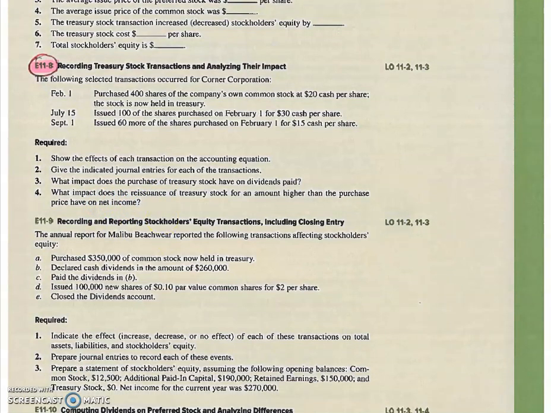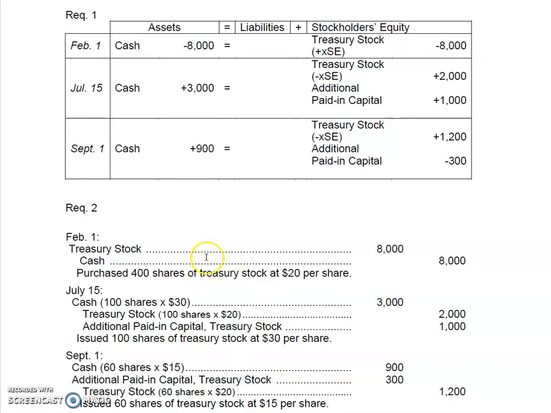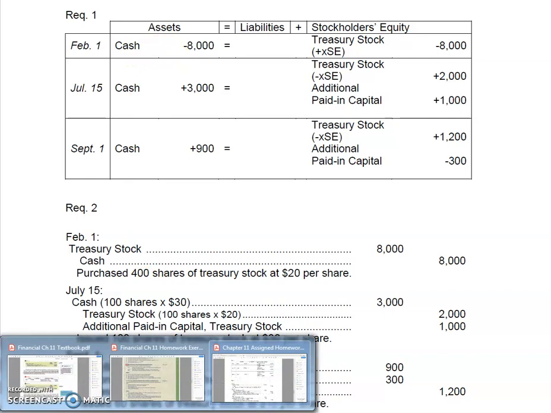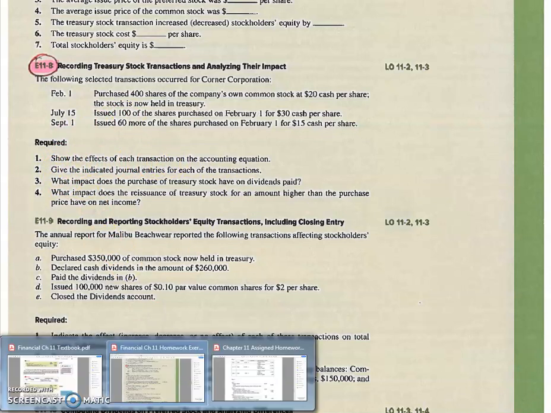So let's go look at that solution. So here we have requirement 1, which is, I've got to go back and look at that. I think it was the accounting equation effects. Yeah, show the effects of each transaction on the accounting equation.